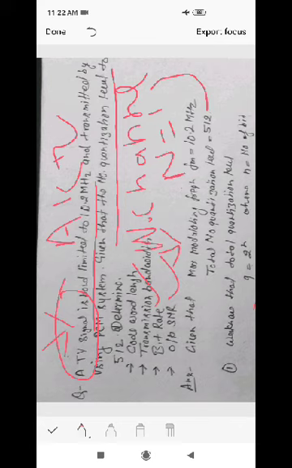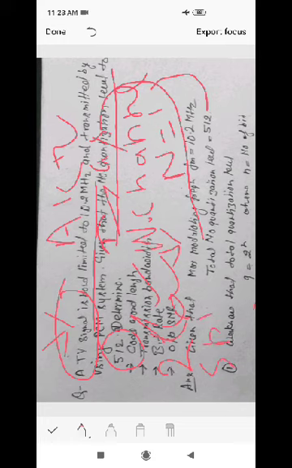The parameters changed: the quantization level is 256, and here the band limited to 10.8 megahertz is replaced by sampling rate 8 kilohertz. And the problem asks to determine code word length, transmission bandwidth, bit rate, and output SNR.